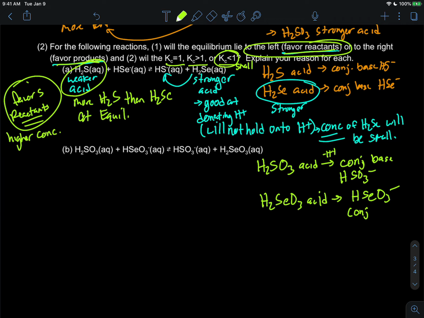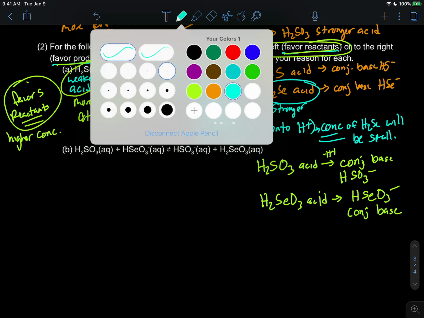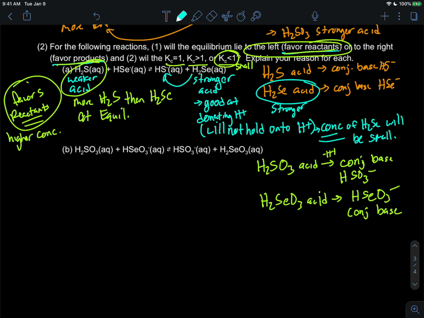That would be our conjugate base here. And now again, let's go ahead and label our stronger acid and our weaker acid. So we already said that our H2SO3 is our stronger acid, and our H2SeO3 is our weaker acid. So let's label that. This would be our weaker acid. This would be our stronger acid.